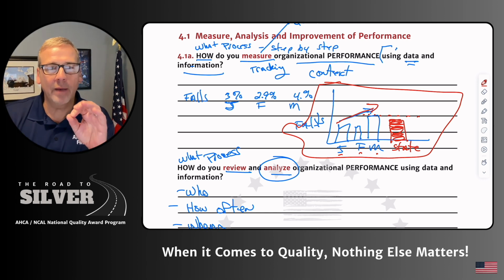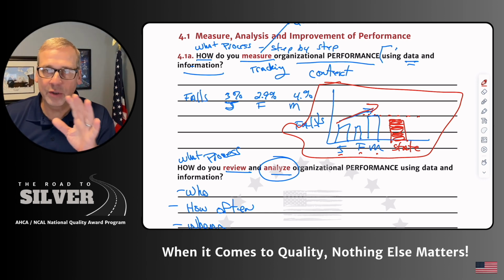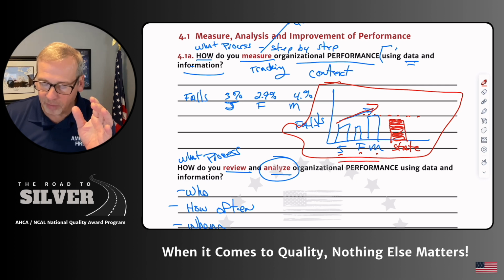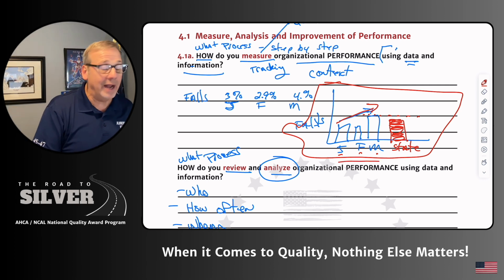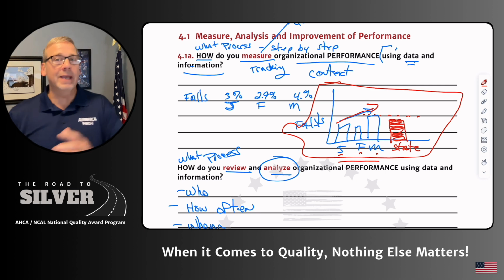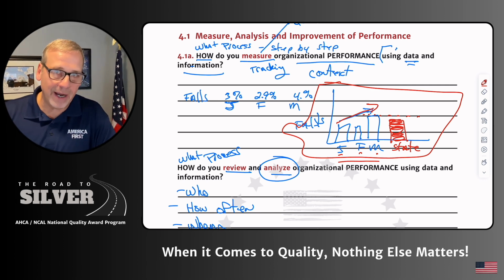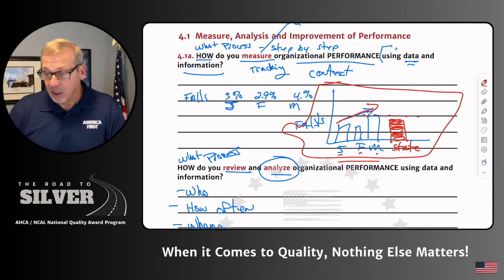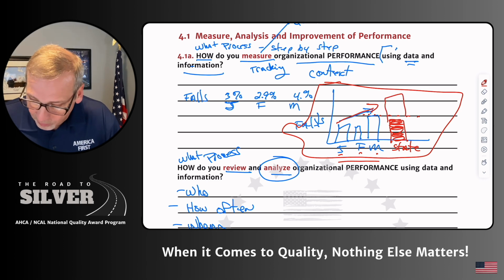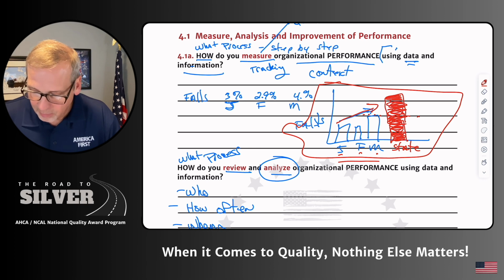So when we're talking about analyzing, it's twofold. Number one, analyzing month over month your own internal data, but you also want to be analyzing it against your competitors. Let's be honest, oftentimes, let's say this is the state average. I'm working with a home in Ohio.